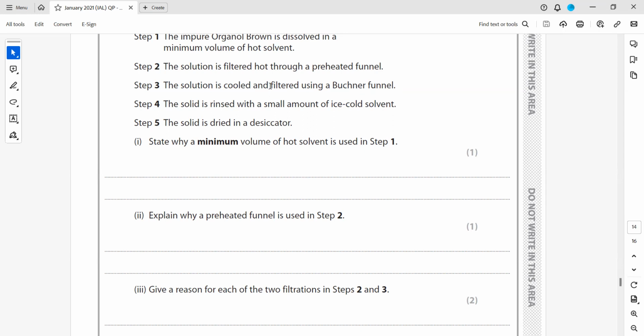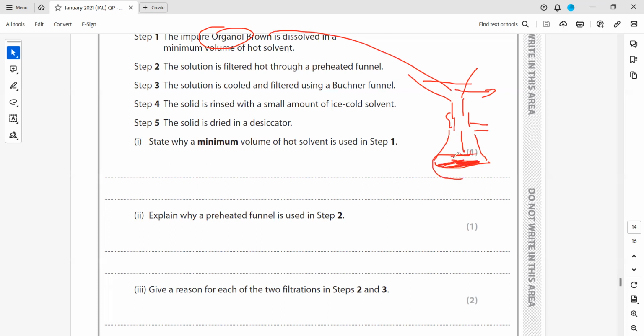This is to collect the solid left on the filter paper, which will be the Orange brown. So the purpose of this filtration is to remove the soluble impurities, and the purpose of the first filtration is to remove the insoluble impurities.